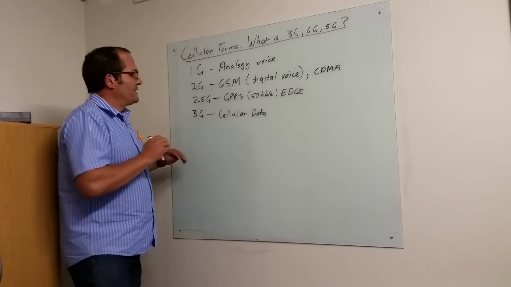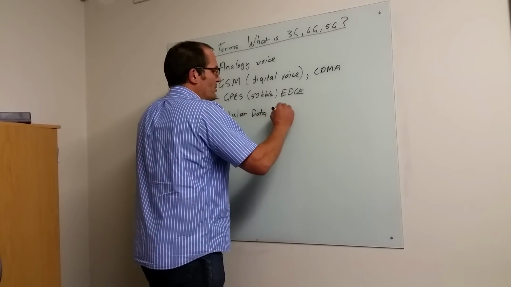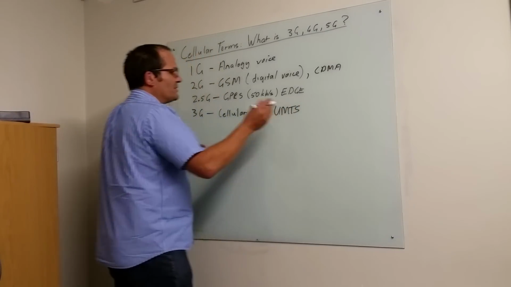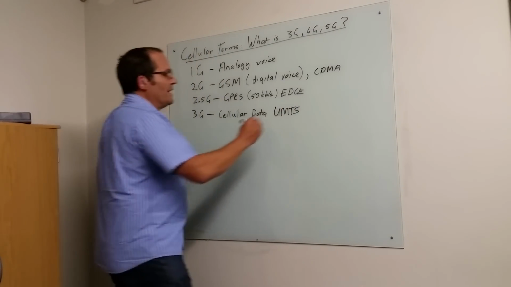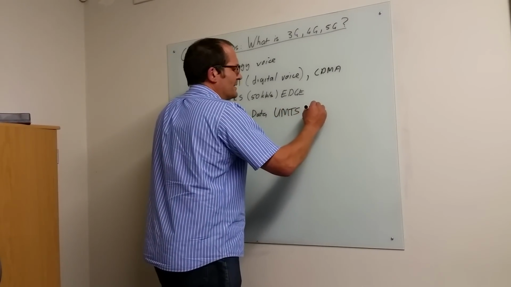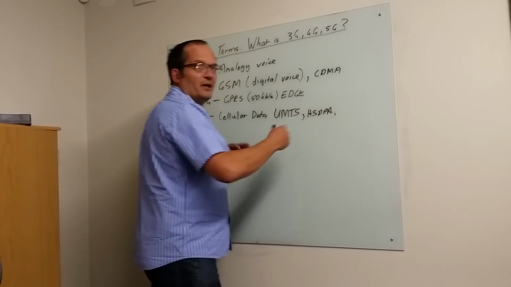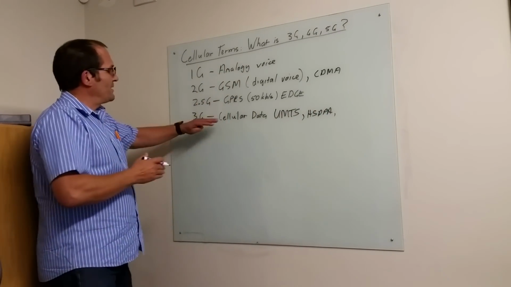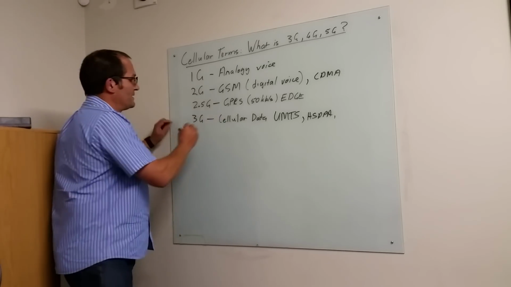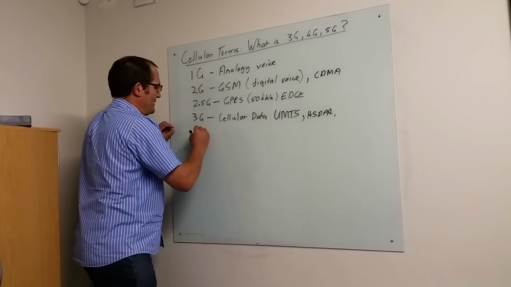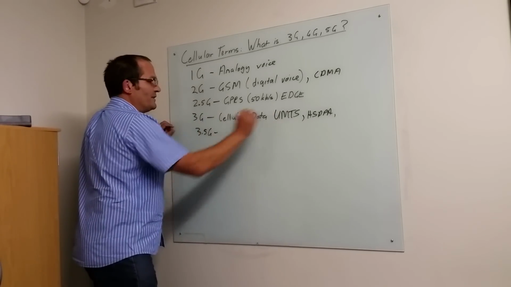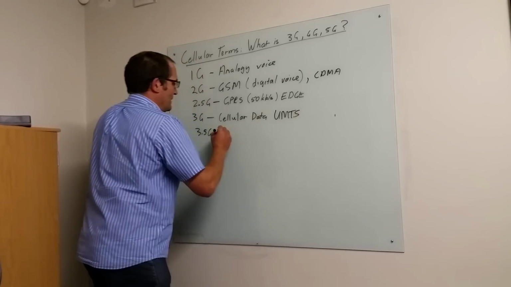Then they defined proper 3G, and the first standard there was called UMTS, which wasn't actually that much used. It was about 500 kilobits per second, and then came all the HSDPA, and HSPA+, and so forth. So guys were just pushing up the speeds, but it was essentially using this standard.